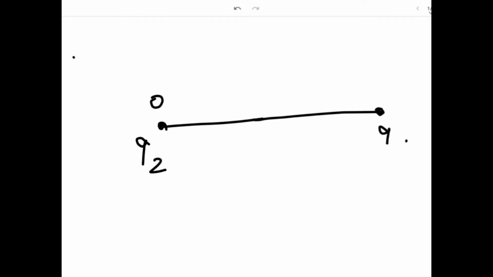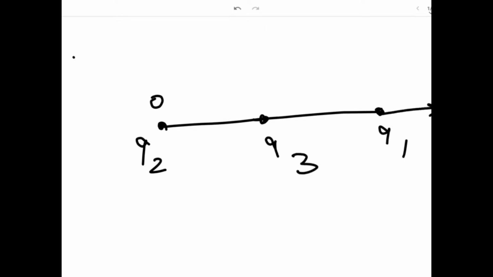Number 4 says 3 charges lie along the x-axis as shown in the diagram. Here on the origin you have Q2, you also have Q1, and here you have Q3.